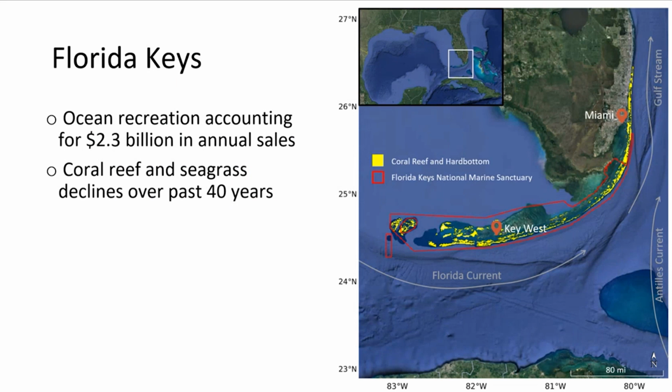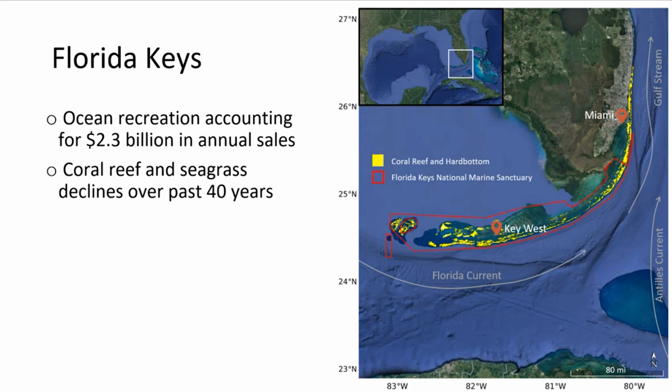My study region is the Florida Keys, which includes the Florida Keys National Marine Sanctuary, which is home to coral, seagrass, mangrove, a bunch of animal species that are important and want to be protected. It is also a huge marine tourism hub, which accounts for over $2.3 billion in annual sales.